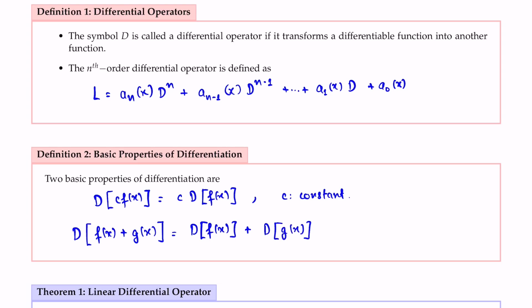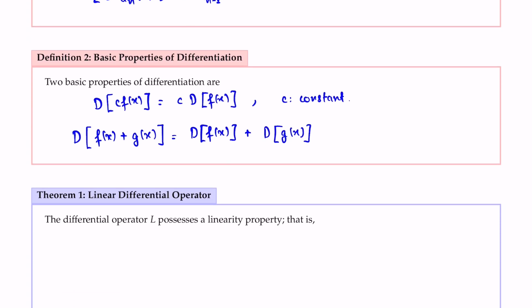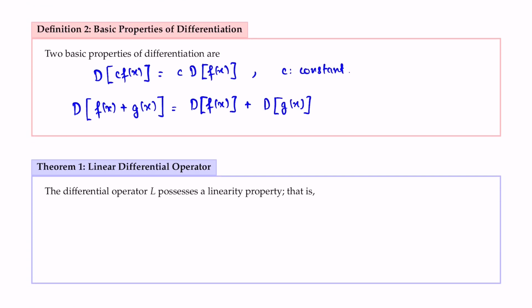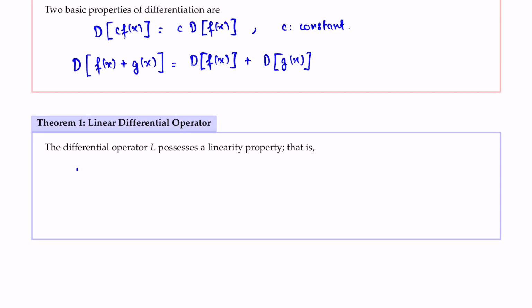Okay. And from these two basic properties of differentiation, you arrive at the differential operator being linear. This linear differential operator allows you to carry out the calculations based on linear combinations of functions. So the linear differential operator L applied on alpha times f of x plus beta times g of x.